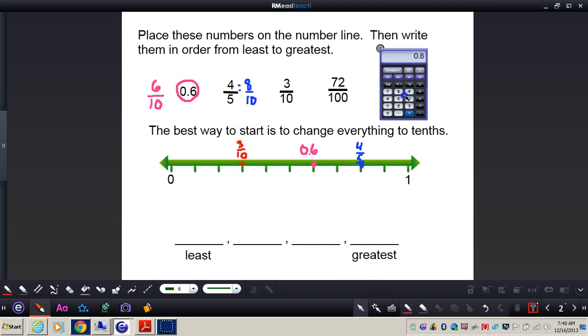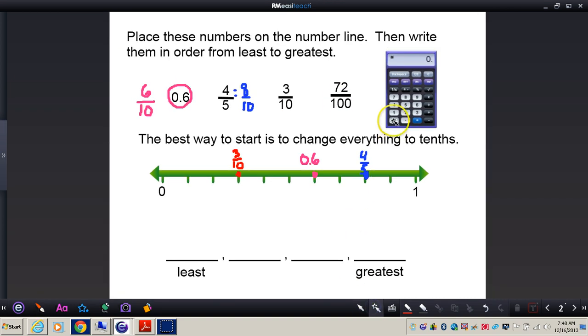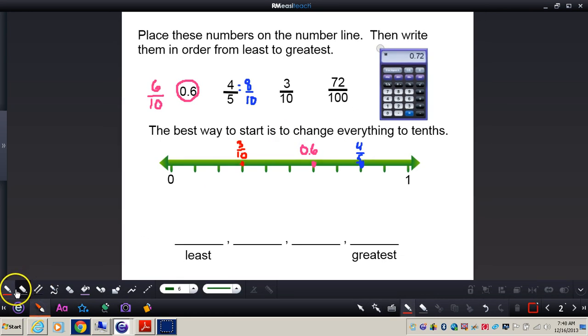Now what we need to do is change our 72 hundredths into a decimal. We're going to divide the numerator by the denominator. That's going to give us 0.72, or we could have easily figured that out, because 72 hundredths looks just like this.